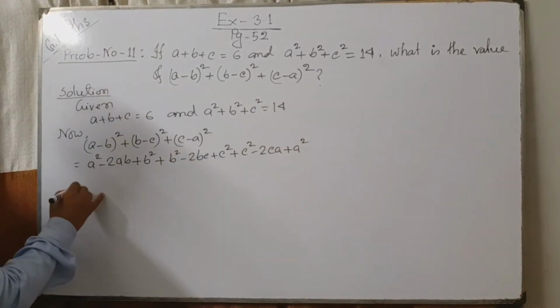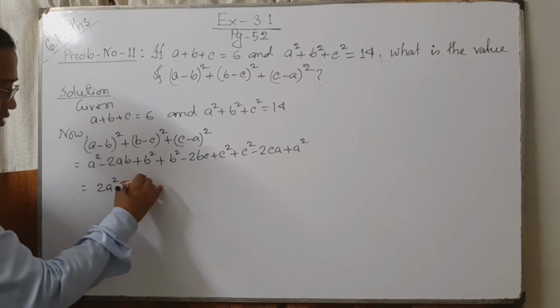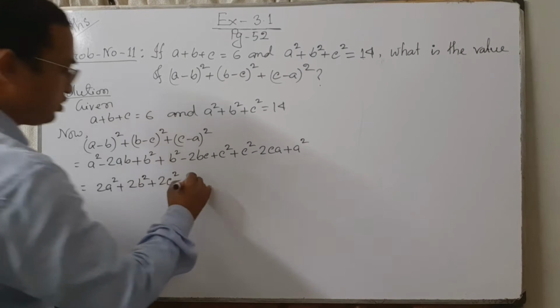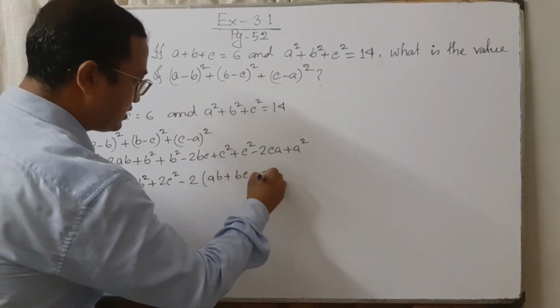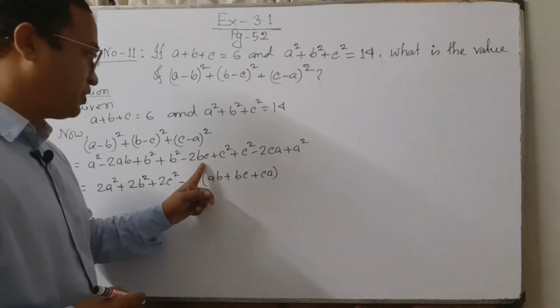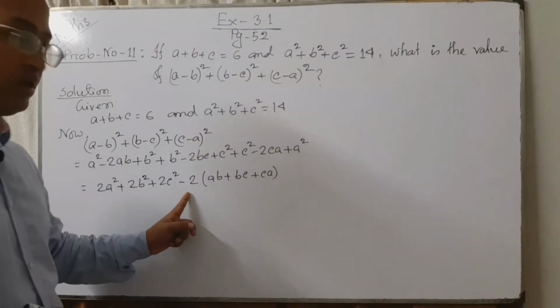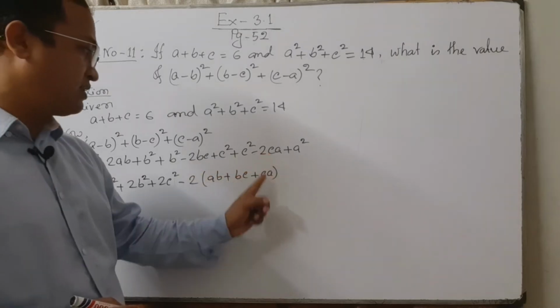So here we will get 2a square, 2b square, 2c square, and also we will get minus 2ab minus 2bc minus 2ca. We can take minus 2 common and it remains ab plus bc plus ca.